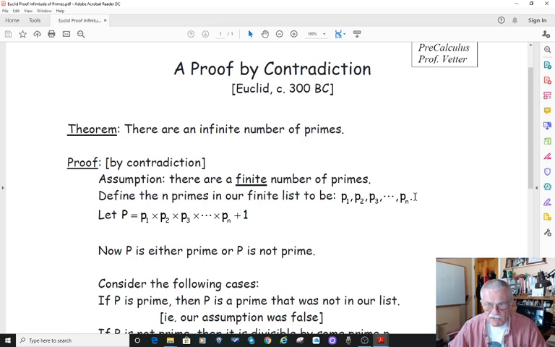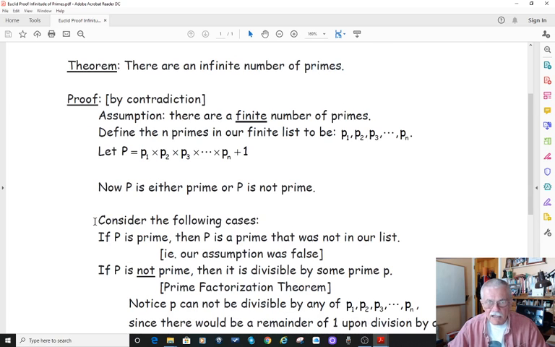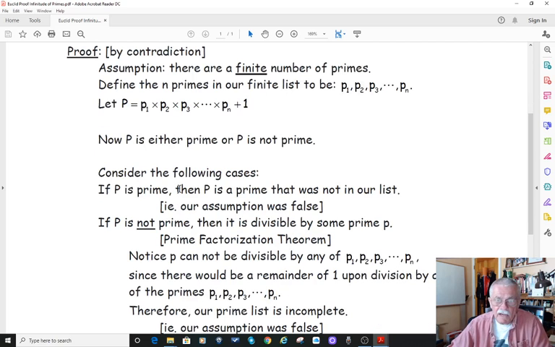And he multiplies these guys and adds 1, and he calls that number P. And he goes to examine P. And he says, which is true, P is either prime or it isn't. If P is a prime, then P is a prime that was not on our list. Therefore, our assumption was false, that there are a finite number of primes, therefore infinite number and our theorem is proven. So that's sort of trivial.